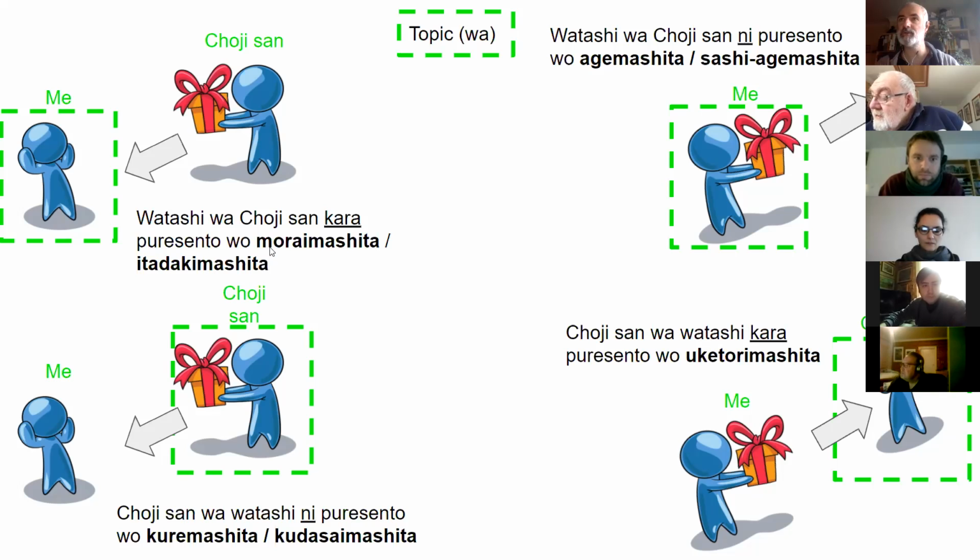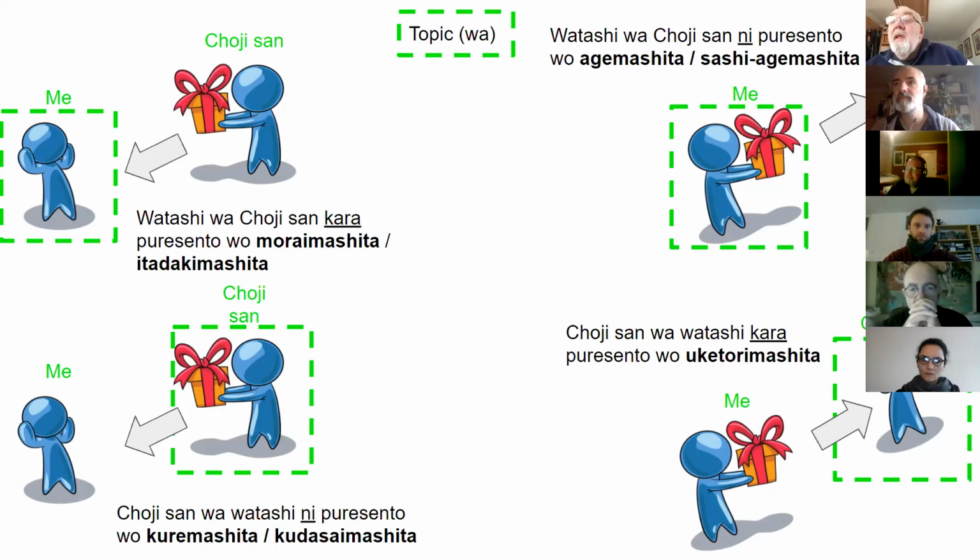And the 2 verbs you can use are moraimashita and itadakimashita. I'll give you a chance to write it down if you need to. Right. Everybody okay so far? Roberto, do you need some more time? Okay.